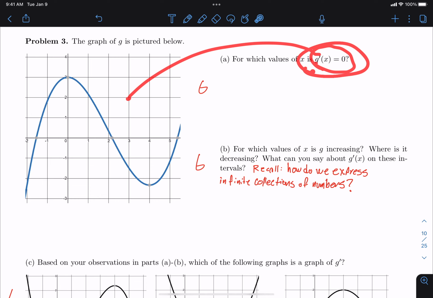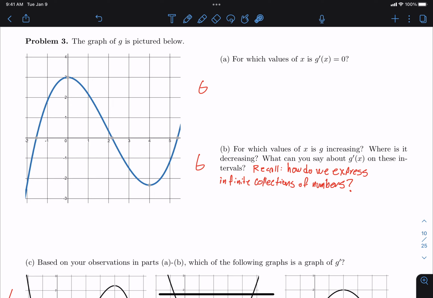Yeah, it's the change in direction. It's where our function changes in direction. I love the way that you put that. In other words, it goes from being increasing to being decreasing, or it goes from being decreasing to being increasing. There's two places that happens, at a maximum and a minimum.